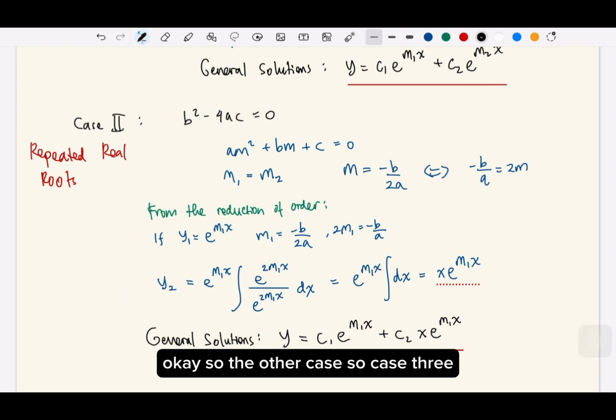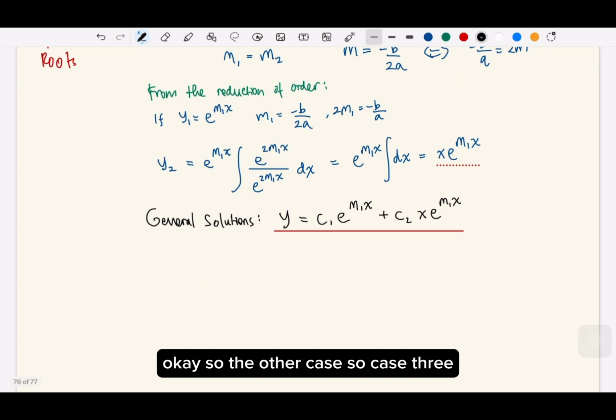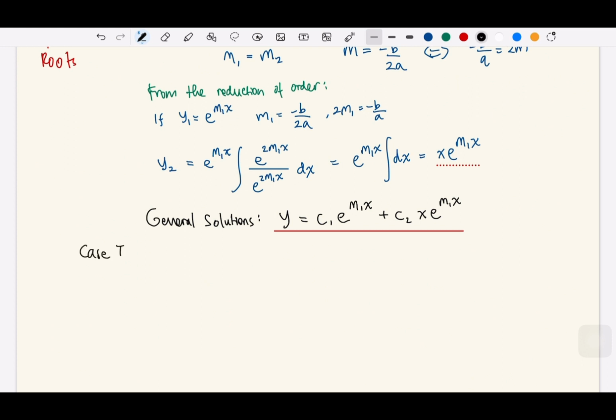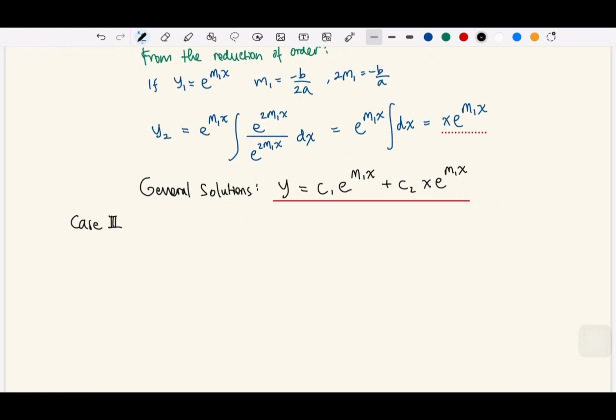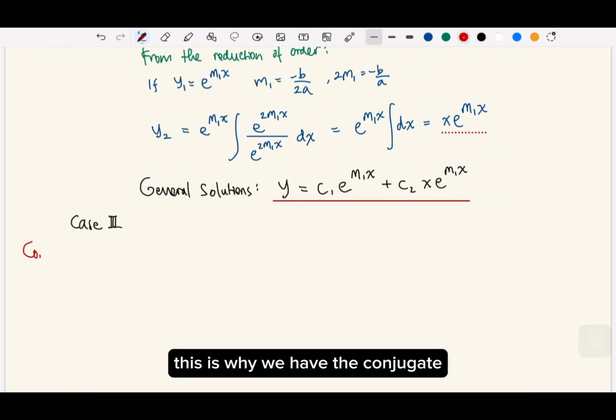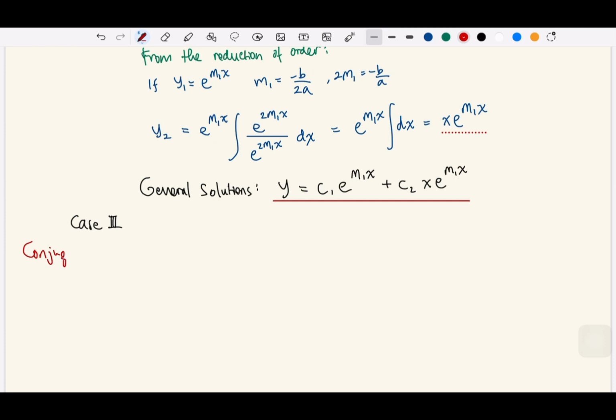So the other case, case 3, is when we have conjugate complex roots.